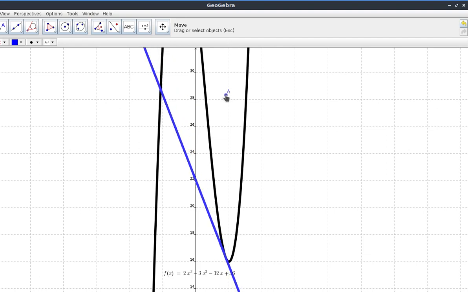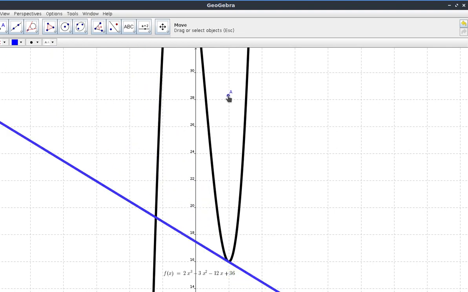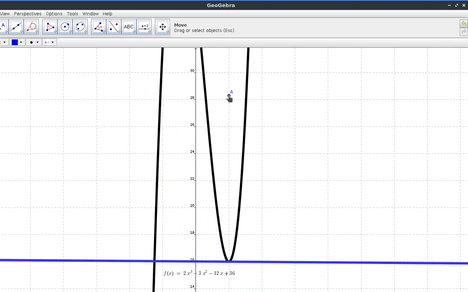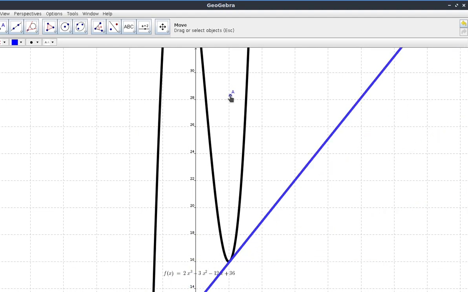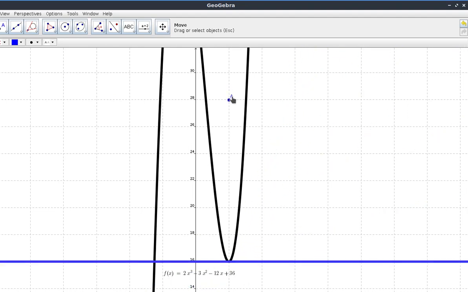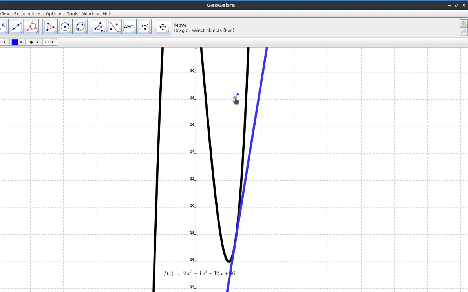To the left of the minimum point, the tangent has a negative gradient. Right? At the minimum point, it's horizontal, zero gradient. And then going to the right, it's positive. It swings upwards. So the second derivative, when you substitute x in it, has a positive value.